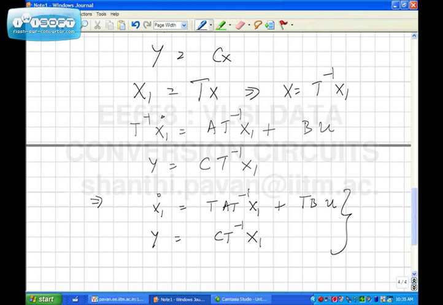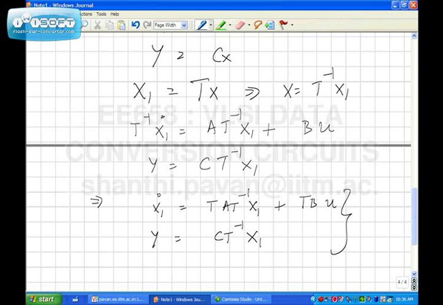Once you find T, you can find the new A by doing TAT inverse. The new B is TB, and the new C is C times T inverse.